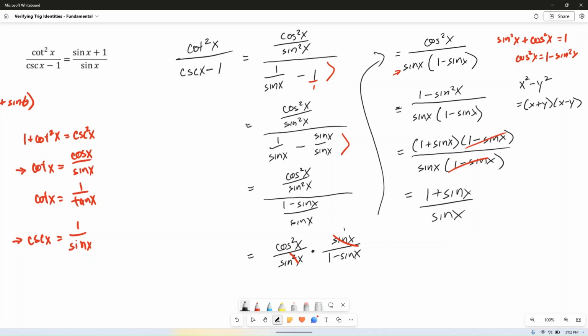The order of addition doesn't matter, so I could flip those around and say I have sine x plus 1 over sine x, and that matches what we had on the right side of our original identity. Okay, so that verifies that cotangent squared of x divided by the quantity cosecant of x minus 1 is always equal to sine x plus 1 divided by sine x.